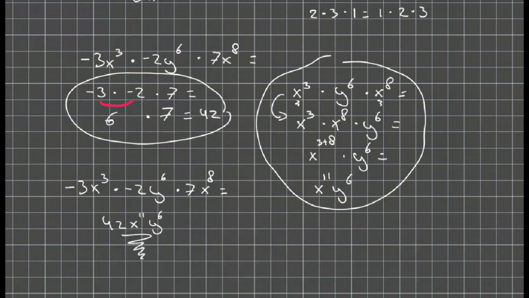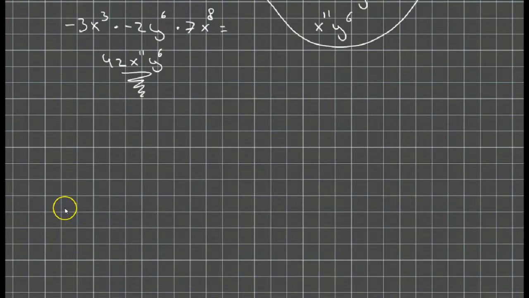Now remember, this only works with multiplication. If I, for instance, have t to the power 3 plus t to the power 5, I can't add these two because they are not like terms.